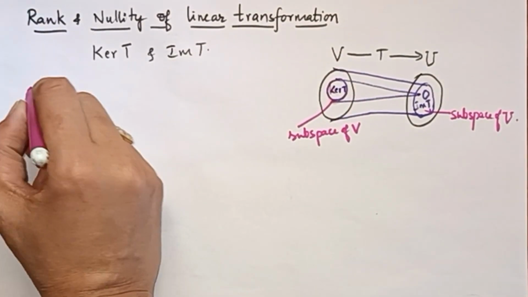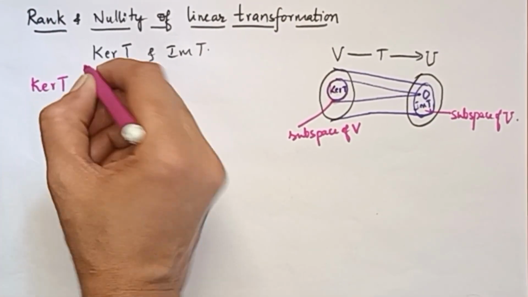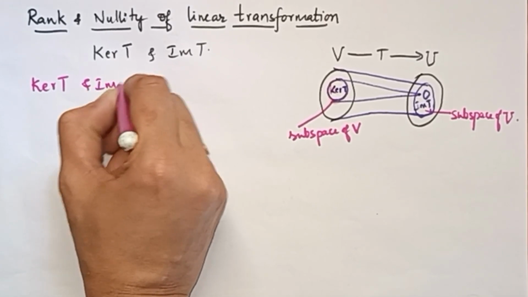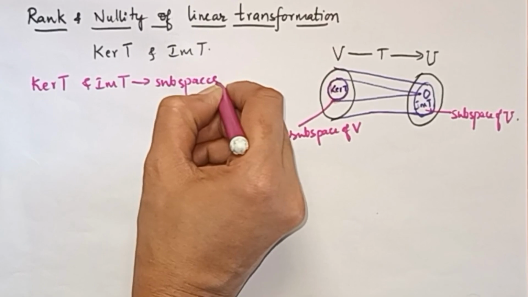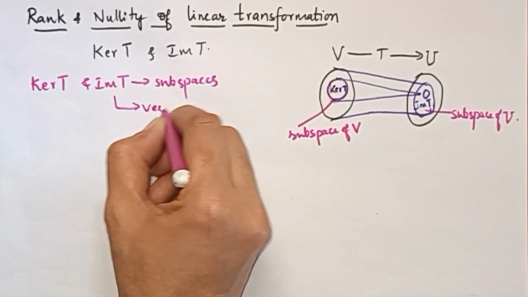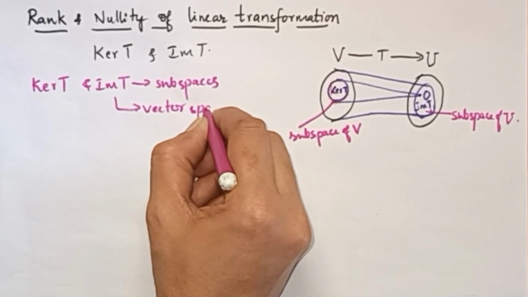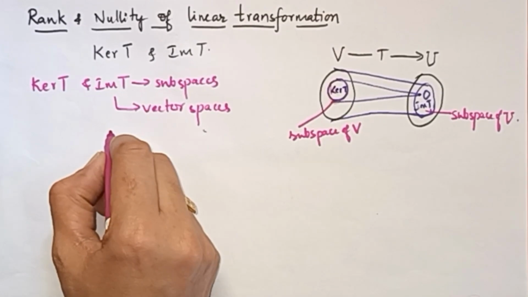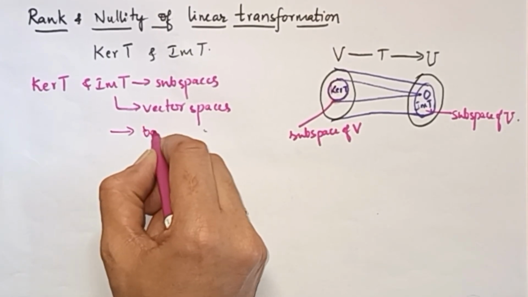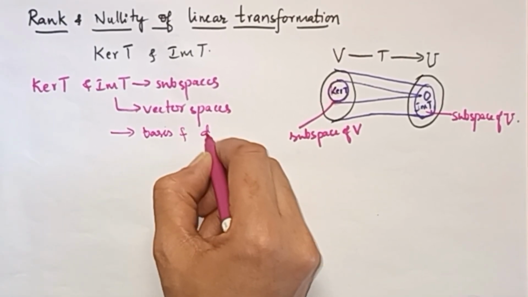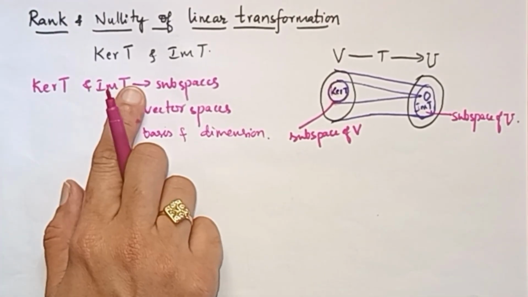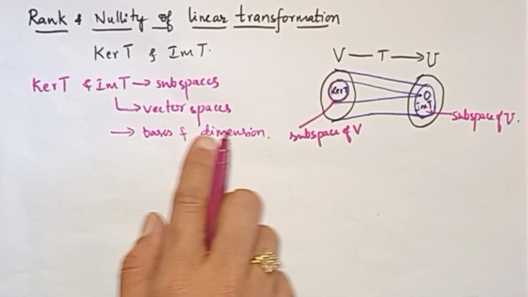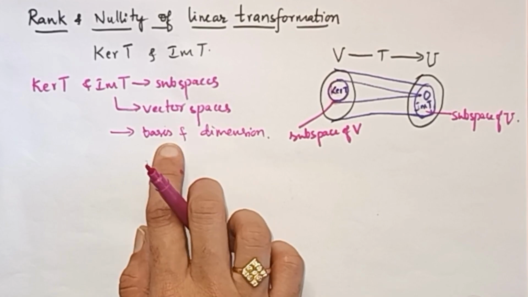So we have here kernel of T and image of T. These are subspaces, so they are vector spaces independently, and they should have a basis and dimension. Dimension means the number of elements in the basis.